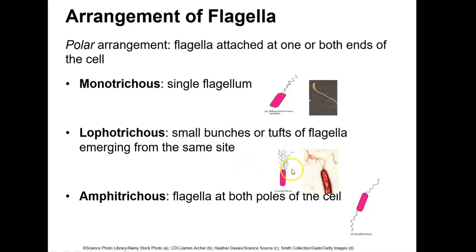So this always looks like a person to me, where it's almost like you can see this as their face, and then they've got this kind of crazy hair coming off the top of their head, right? Or Crazy Larry for Lophotrichous, with this crazy tuft of hair. So monotrichous, single flagella; amphitrichous, flagella at both ends; and lophotrichous, having a tuft of flagella at one pole.